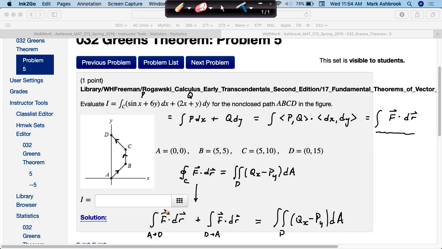So in this problem, they're asking you to find this. Because it's not a closed loop, you might think, oh, I can't use Green's theorem, but this is kind of my hint that you still could use Green's theorem to get the value of that integral that goes just from A to D. If you see what I've said. So that's a hint.